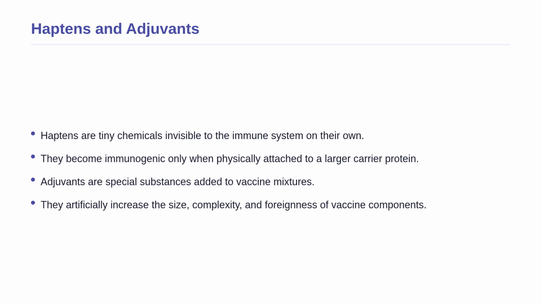On the flip side, when scientists design safe vaccines, the viral pieces are often too small to work, so they add special substances called adjuvants. Adjuvants artificially increase the size, complexity, and foreignness of the vaccine, tricking the body into launching a massive, life-saving response.